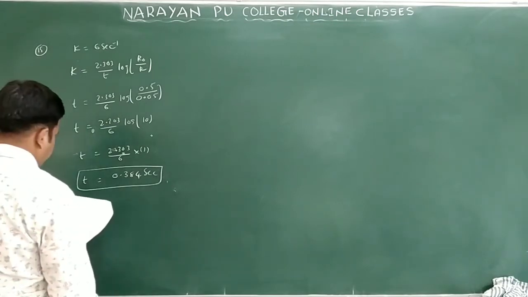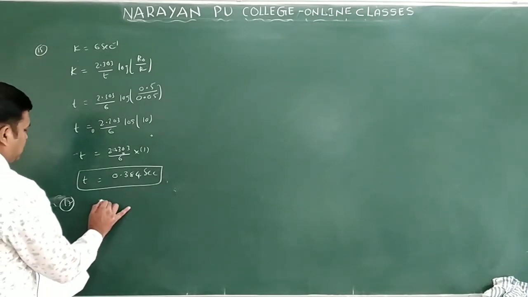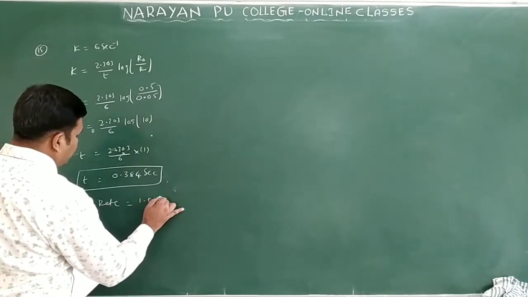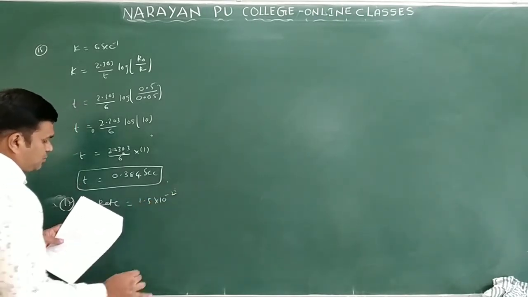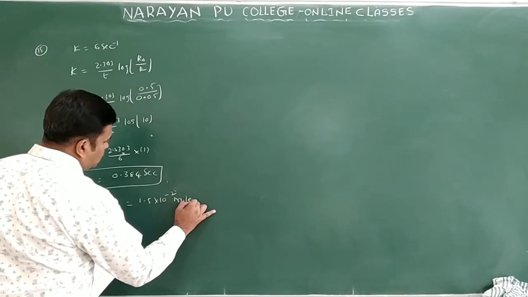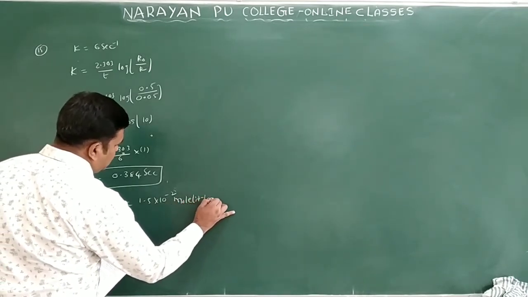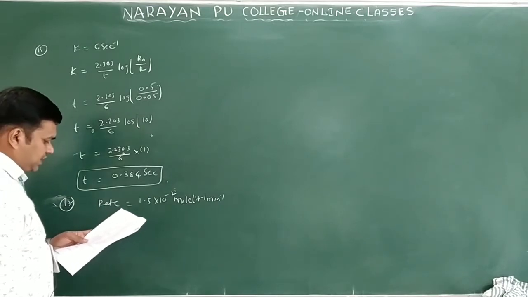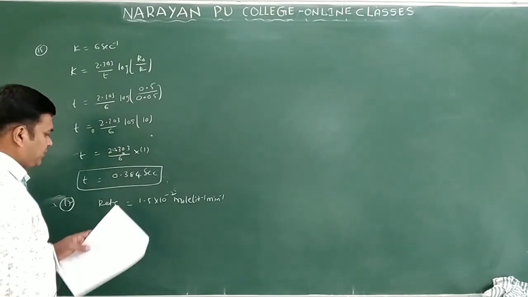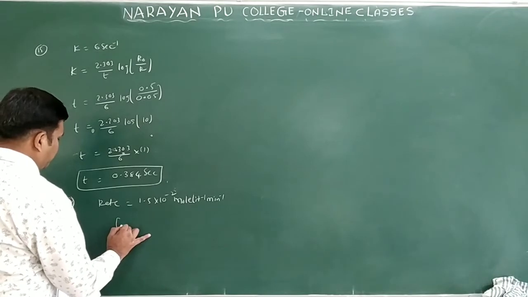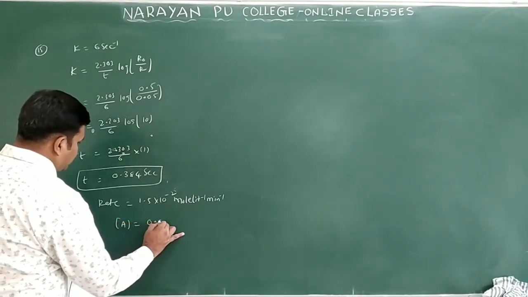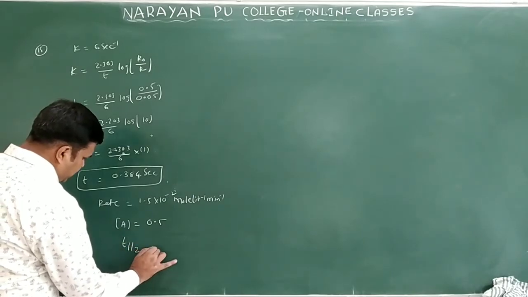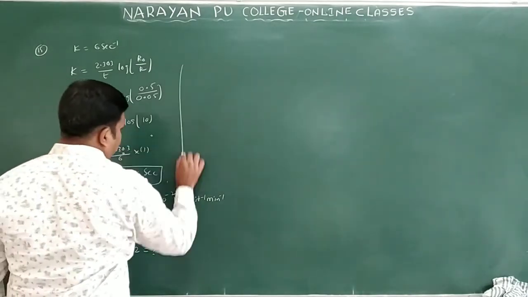So here the rate is 1.5 into 10 power minus 2 mole liter inverse minute inverse, at 0.5 concentration. Suppose I take the concentration of A equal to 0.5. They are asking the half life of the reaction.